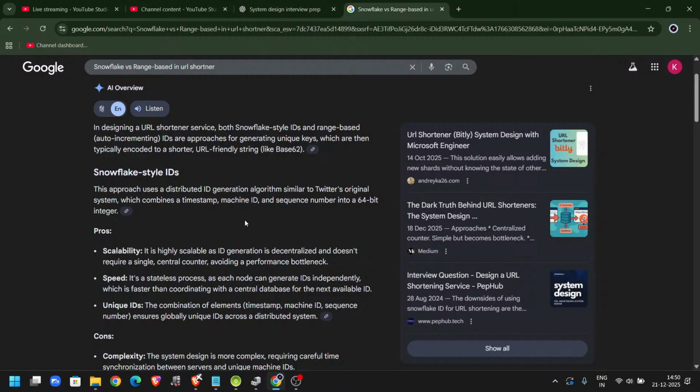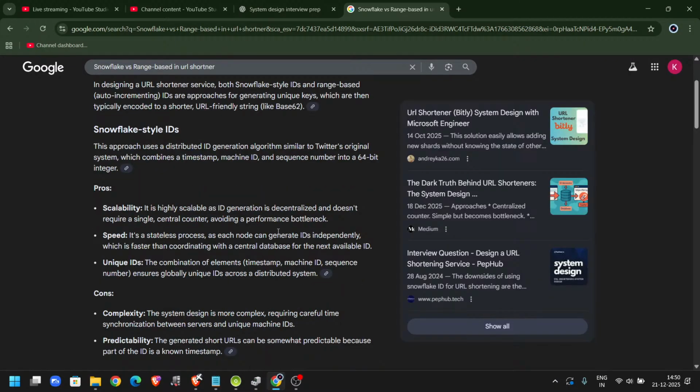So Snowflake ID is a distributed ID generation algorithm which combines a timestamp, machine ID, and sequence number in a 64-bit integer. The pros are scalability. It is highly scalable as ID generation is decentralized. We don't have a central entity like the Redis INCR that we had before, and it does not require a single central counter, avoiding a performance bottleneck. The speed is also good.